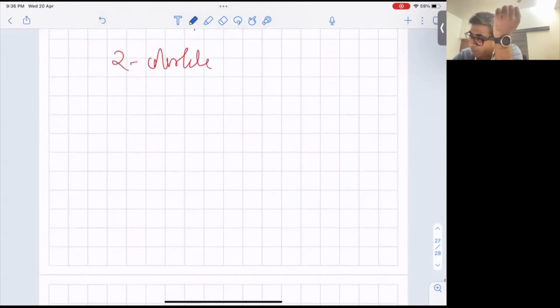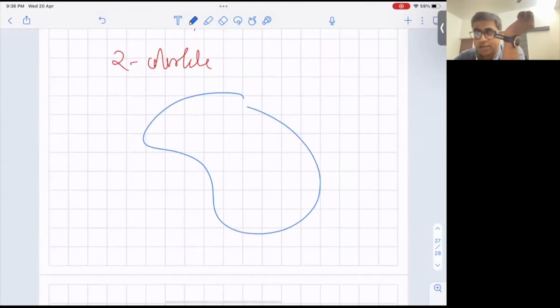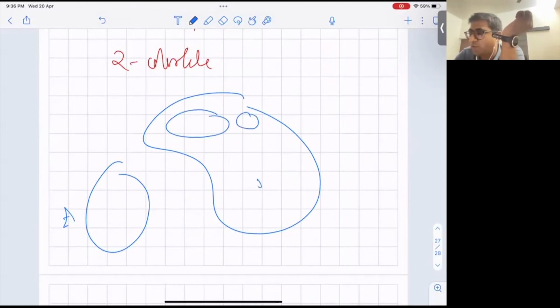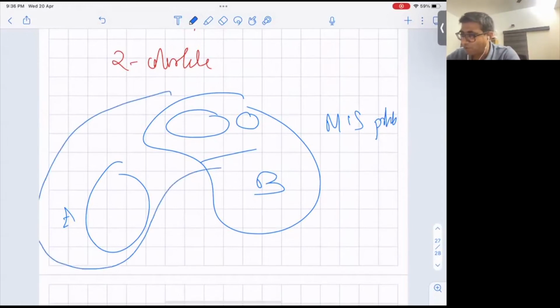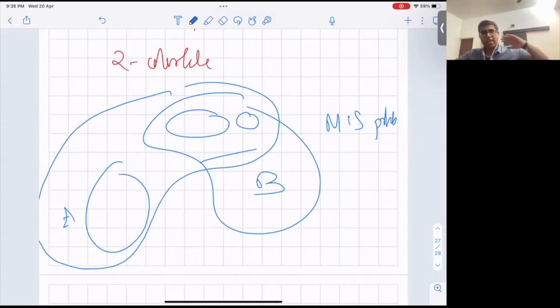If I told you what A is, in this graph you were solving the maximum independent set problem. You get my point? Similarly, if I gave you B, then in this G minus B, it becomes a maximum independent set question.